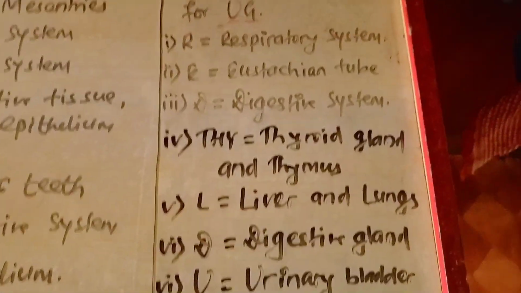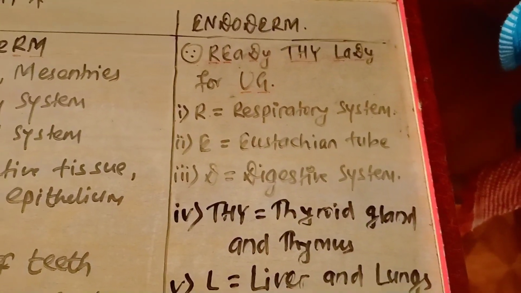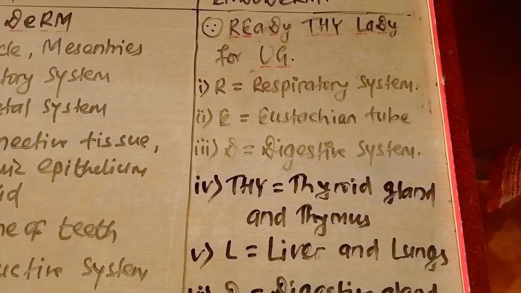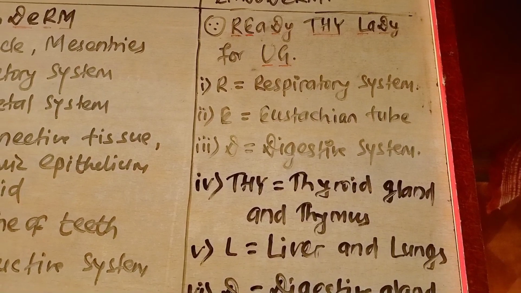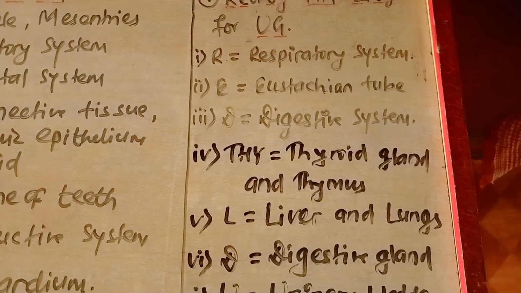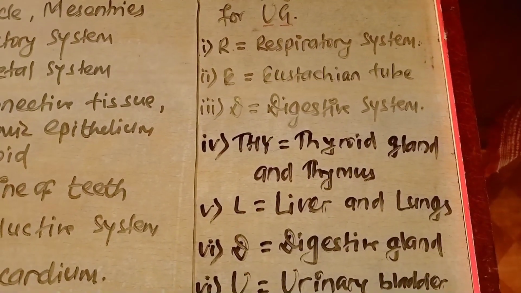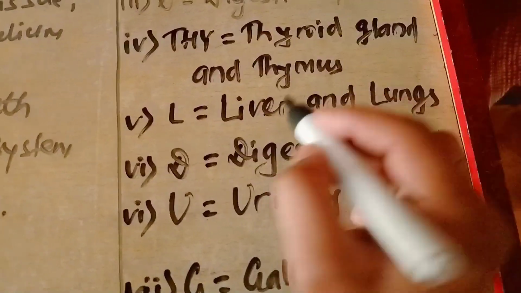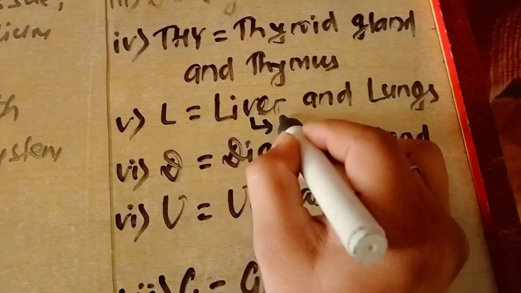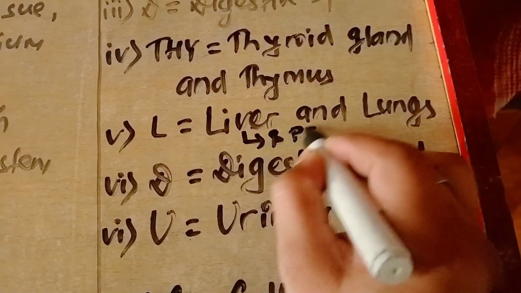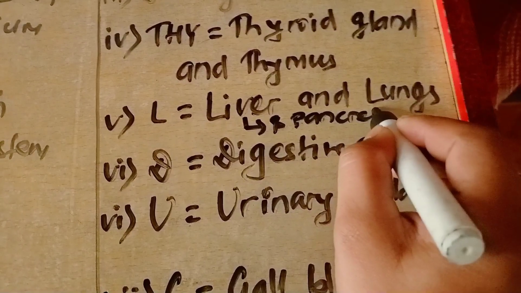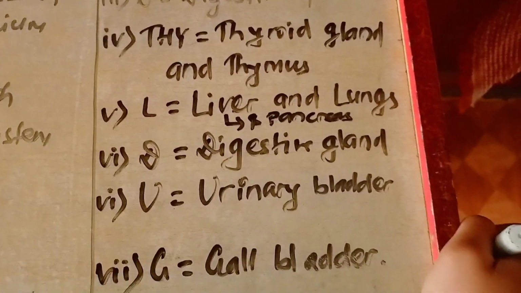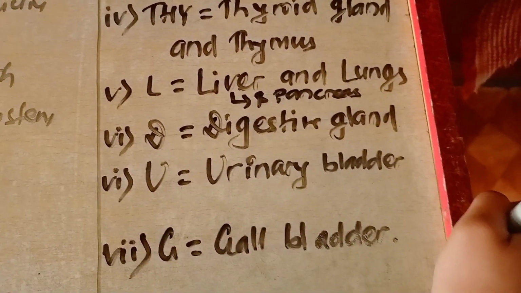So this is the example of endoderm, and all the capitals are used in the trick. R means respiratory system, E means eustachian tube, D means digestive system, THI means thyroid gland and thymus, L means liver. And one thing, liver and pancreas come along, so liver and pancreas both are endoderm. D for digestive gland, U for urinary bladder, and G for gallbladder.